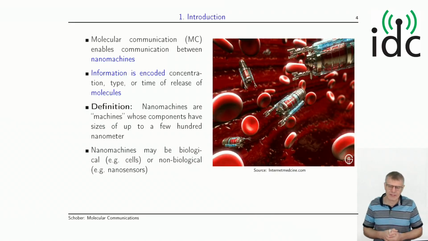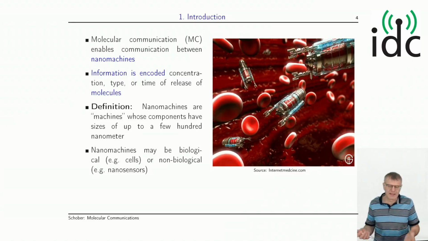These nanomachines may get instructed to destroy diseased tissue, like to attack cancer cells. For both mechanisms, for the sensing part and the actuation part, of course, some form of communication with the nanosensors and maybe also between the nanosensors is helpful and necessary.